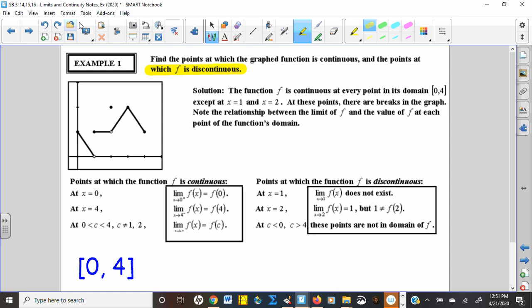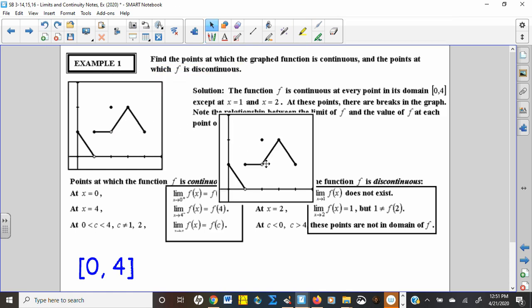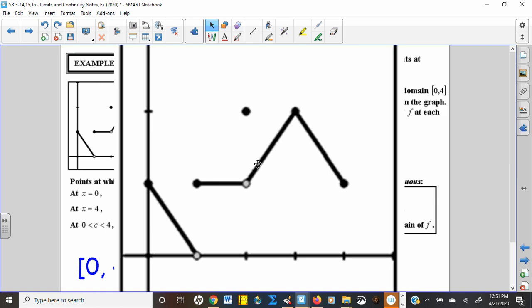All right. So I think that with that strategy in mind, you would be able to do this pretty well if you understood continuity in Unit 1. You'd say, well, it looks like it's continuous everywhere up to 1, and then there's a jump discontinuity, and then it's continuous up to 2, and then there's a removable discontinuity or a pointwise discontinuity, and then it's continuous until we get to the end of 4.